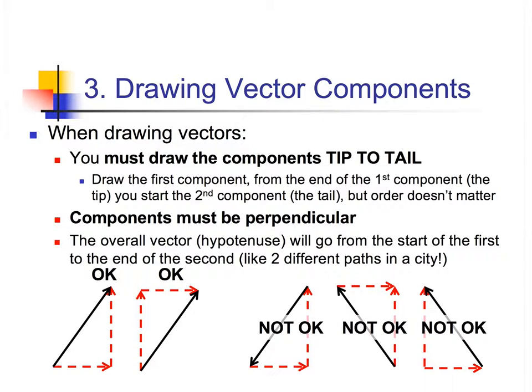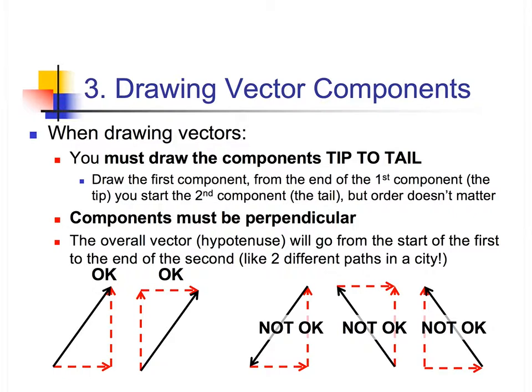The first thing we're going to talk about is how exactly to draw these vector components. I always think back when we're drawing them to that walking in the city example, thinking about how you could walk from one point to another only by going east-west and north-south.